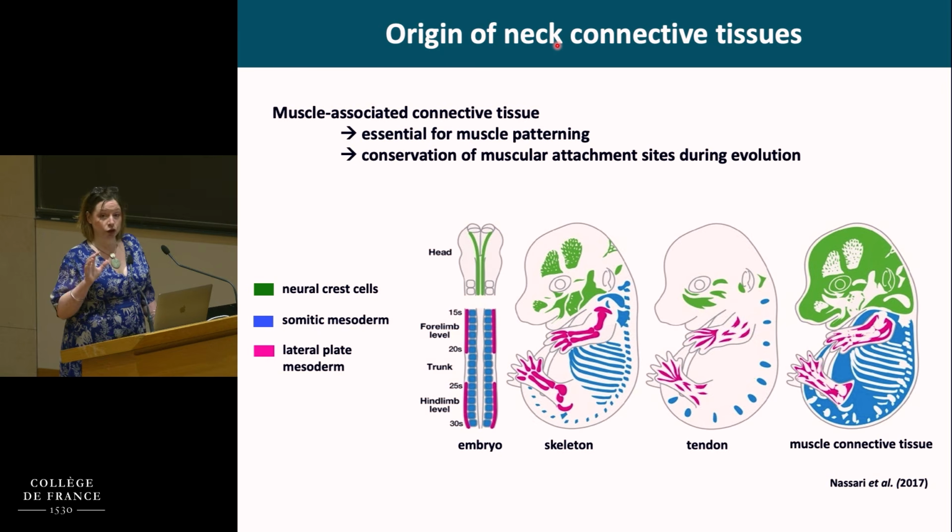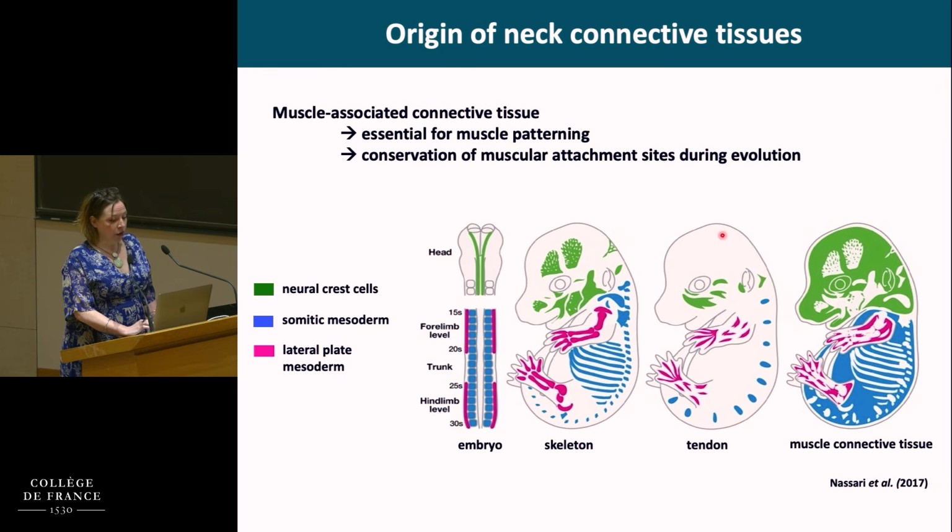So connective tissue is closely associated to muscles, has been shown to be essential for muscle patterning, and is also suggested to be crucial for the conservation of muscular attachment sites during evolution. And as observed for muscles, the connective tissue has different embryonic origin along the axis.